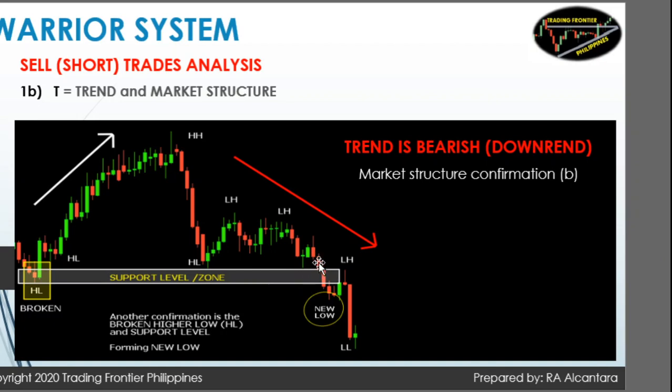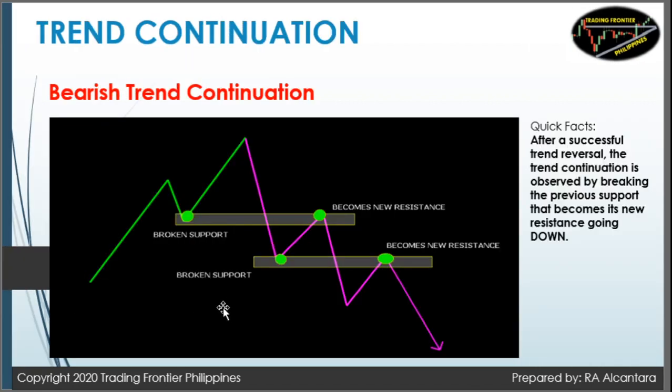But the time it was broken, we would expect that this level would become a new resistance, for it to be satisfied as a trend continuation from a bearish or downtrend perspective. So, broken support becomes new resistance for a trend continuation.